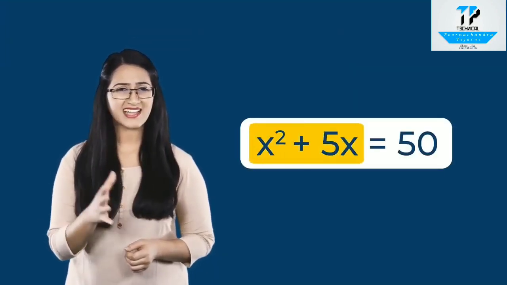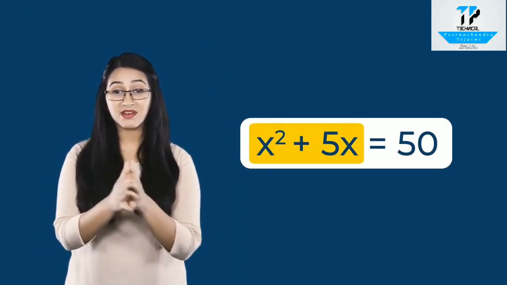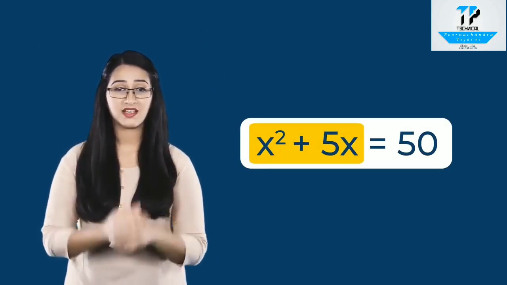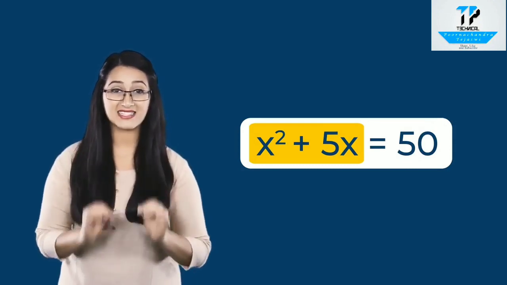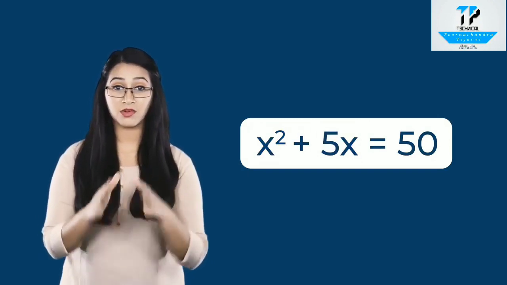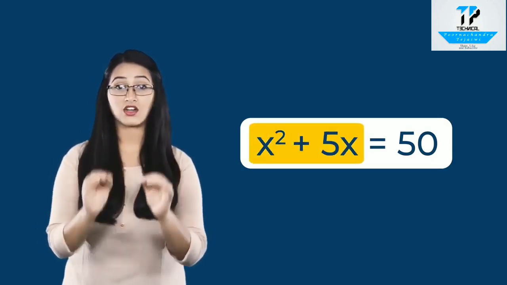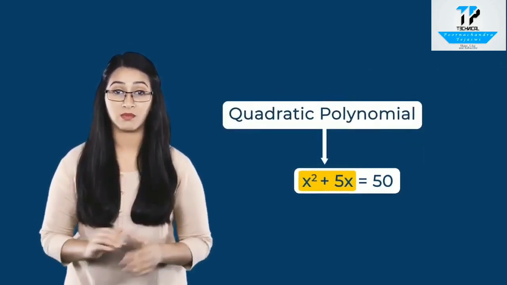Does the left-hand side look familiar? You might have studied similar expressions before. Notice that the highest degree of this expression is 2. You might remember from earlier lessons that expressions of this kind are called quadratic polynomials.